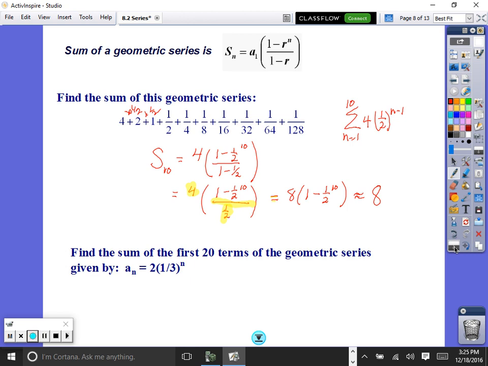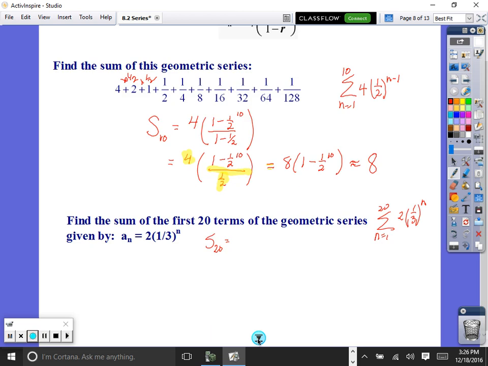Here's another problem. Find the sum of the first 20 terms generated by the sequence 2 times 1/3 to the n. So I have the sum of 1 to 20 of 2 times 1/3 to the n. And that is geometric because I'm multiplying by 1/3. So the sum of 20 should equal the first term.